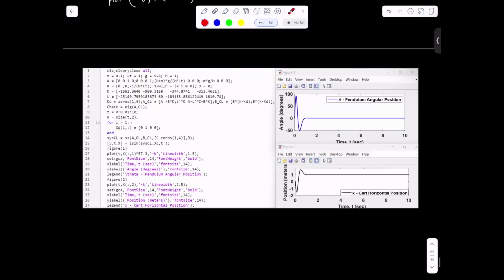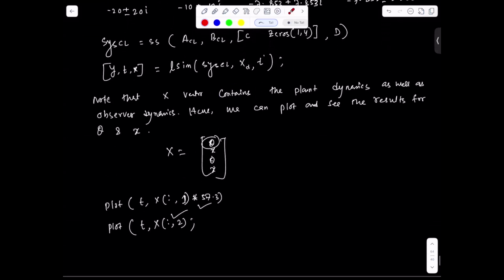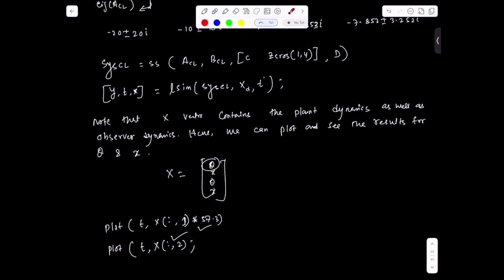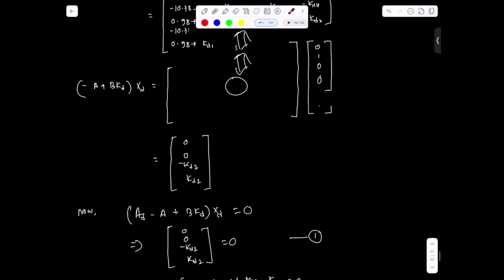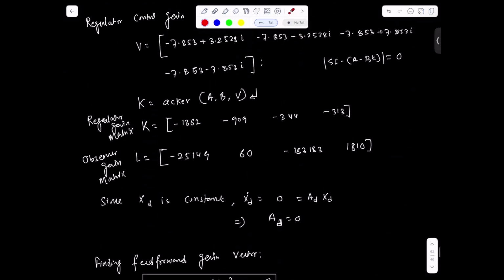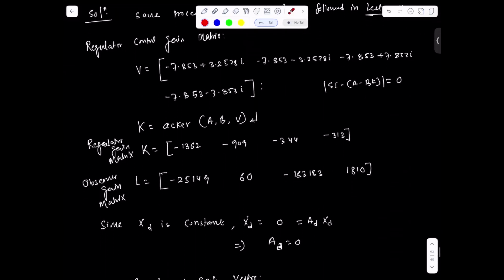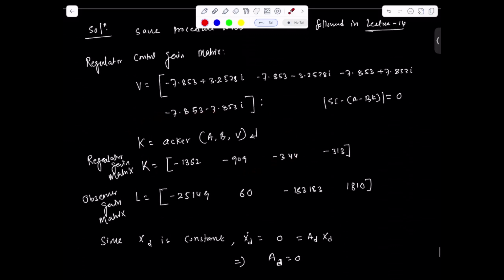For that, you can only play with the poles. The poles we chose for the regulator design, we have to change something there. This is the regulator part, so we have to do something here. We need to choose these poles with some higher values so that we can modify the result.